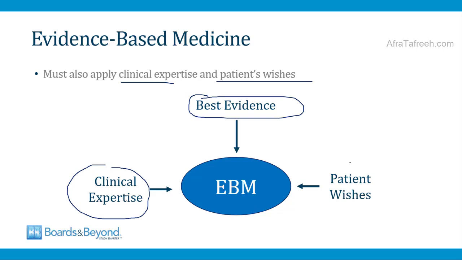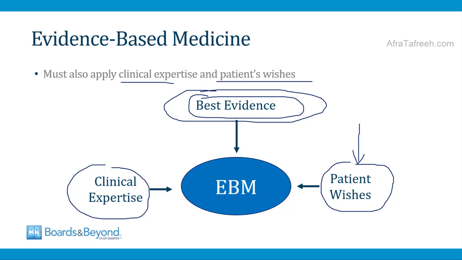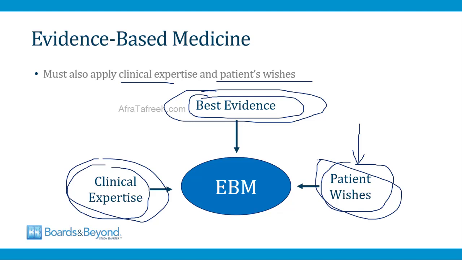And then also you have to take into account the patient's wishes. Just because we have evidence that a particular intervention works doesn't mean that intervention is in line with the patient's wishes. So once you have a clinical question and you know the best evidence for taking care of your patient, you then factor in your own clinical expertise and the patient's wishes, and that represents the process of using evidence-based medicine to take care of patients.